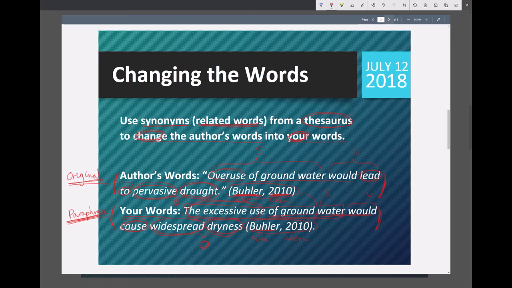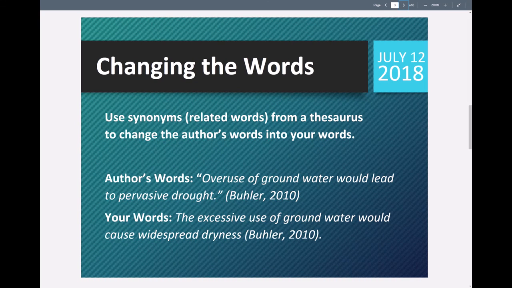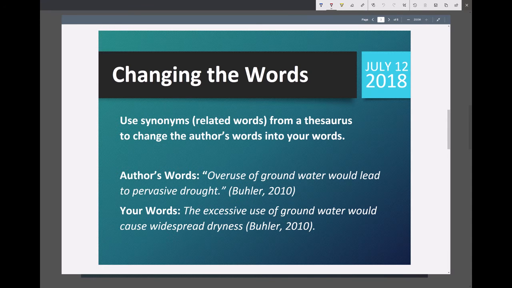So when you break down the author's sentence into its components, subject, verb, and object, you would see that none of the key components, subject, verb, and object, is missing in your paraphrase.